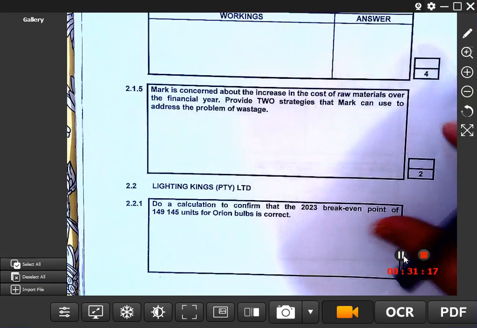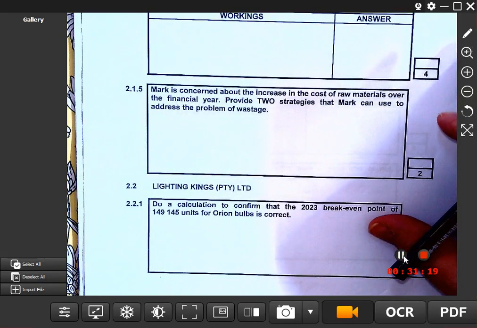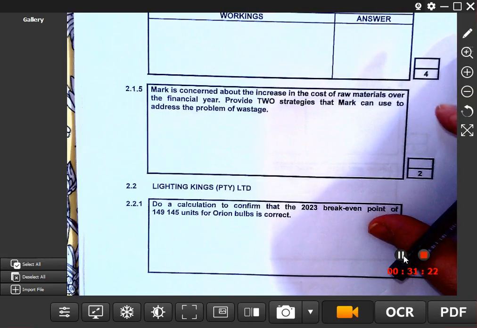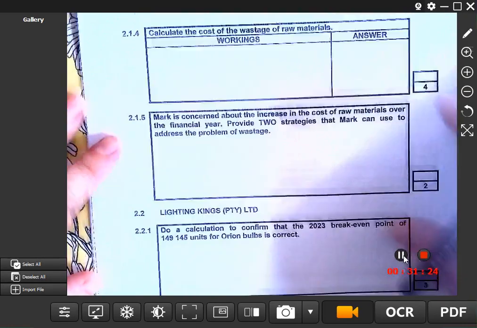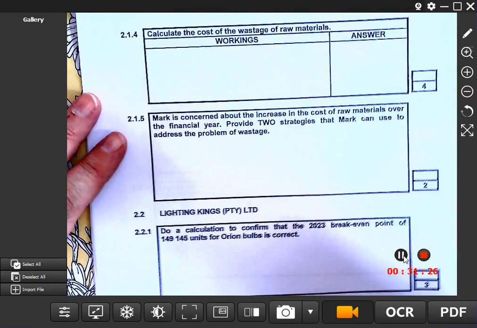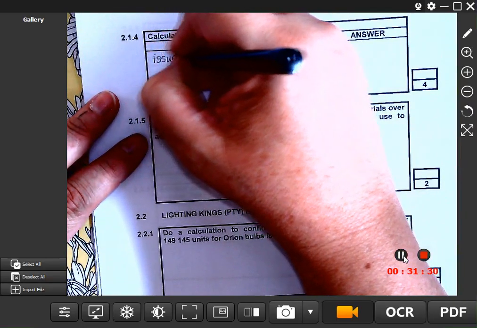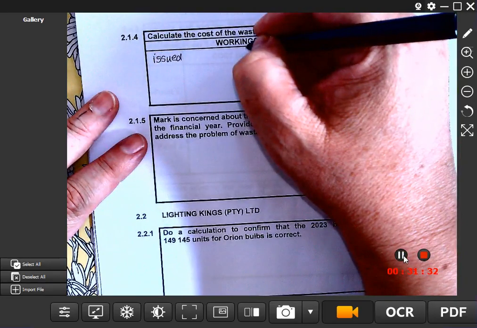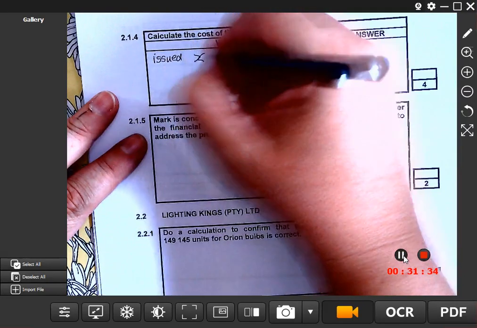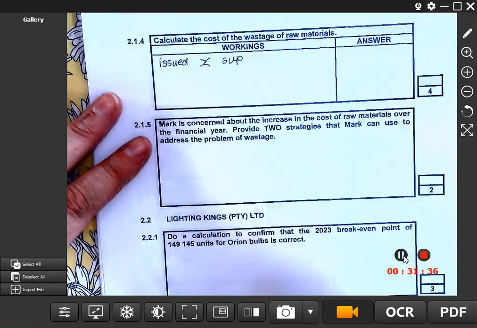Comments. So, calculate 2.1.4, calculate the cost of wastage of raw material. So for wastage, first of all, you want to see how much was issued, ne? Because you assume that's what's used. And you want to compare it to what you are supposed to use.